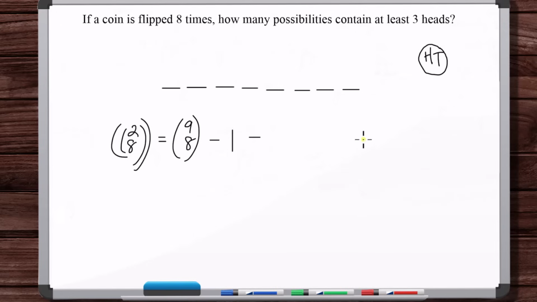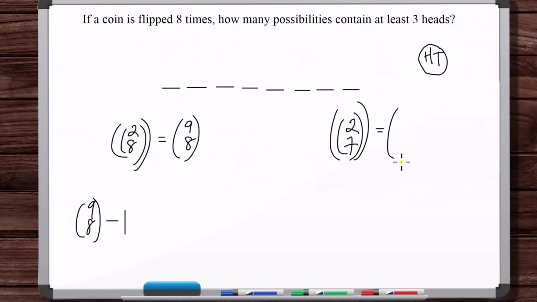Okay, what if it's 1 head and the rest tails? Well, okay, no. 9. Okay, 1 head and the rest tails. That's going to be, we're choosing from 2 for 7 slots. Or wait, no. Is that right?